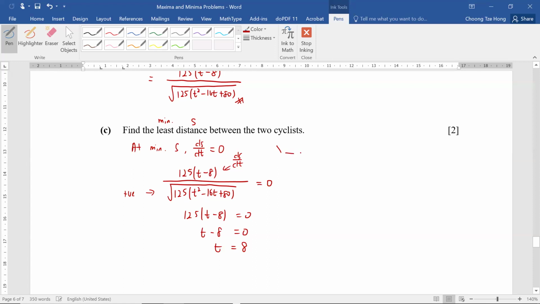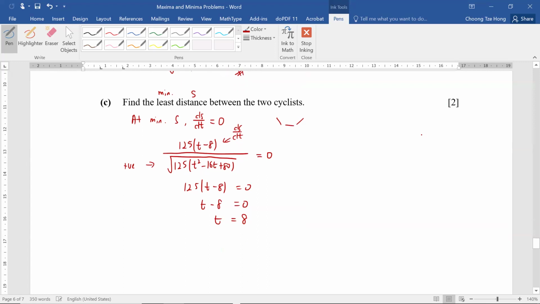If you sub in a point slightly bigger than 8, say 8.1, then 8.1 minus 8 is 0.1, positive. So it's going to be a minimum. But for a 2-mark question like this, you don't need to spend the time to prove it.